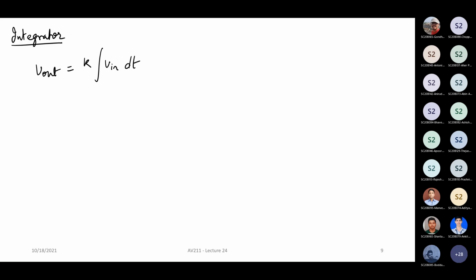Now, if you have a capacitor and you have some current flowing through it, what is the voltage across the capacitor? VC is 1 by C integral I dt. Correct, right? So the current is given by C dV by dt, or in other words, V can be given by 1 over C integral of I dt.